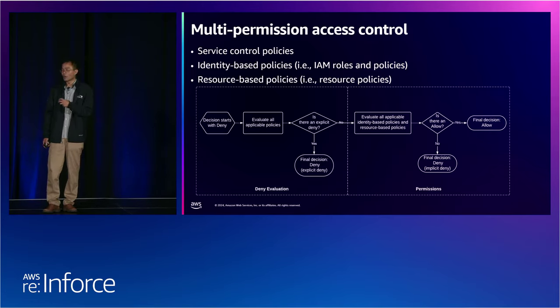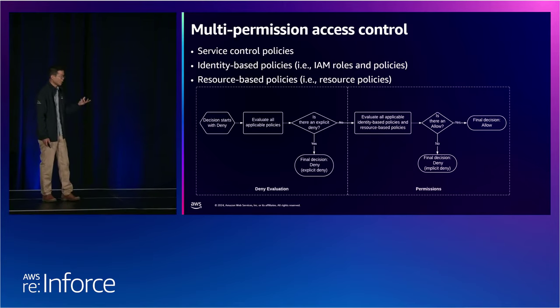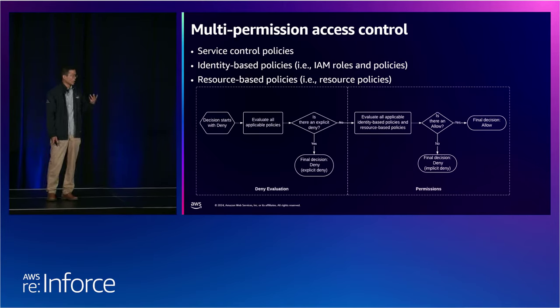Service control policies are policies you apply at the account level or the organization unit level, right? It defines the maximum permission each account can have. If you attended the session that my colleagues Roland and Chris gave about data perimeter this morning, many of those guardrails are put at the service control policy level and the account level.